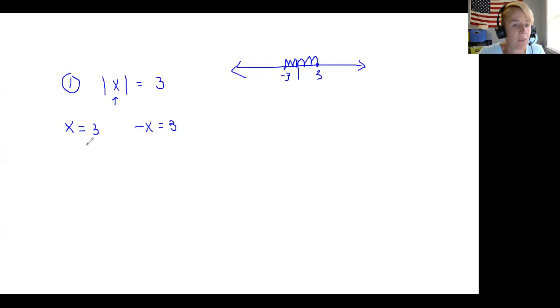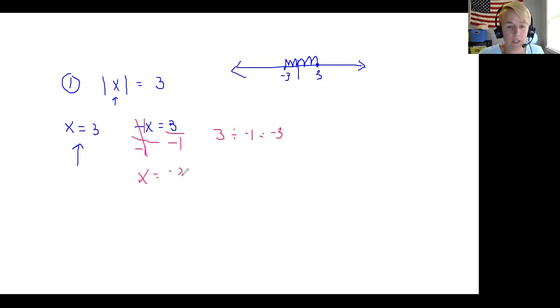Okay? So here, this one's already solved for me, easy peasy. This one I have basically this invisible 1, so it says negative 1x equals 3. So I need to divide by the negative 1 to get this x all by itself. You always want x by itself. You don't even want it to be a negative number. They're going to cancel. It's going to leave x equals, now a positive 3 divided by a negative 1 is going to be a negative 3.